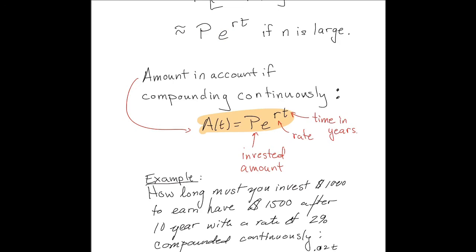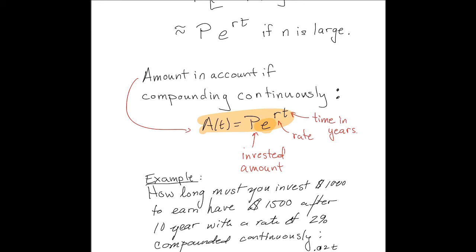A equals P e to the rt. So now t is time in years, r is the annual rate, and P is the amount invested. So notice that there's no n in this equation. And the reason is because it's replaced with basically this e situation.